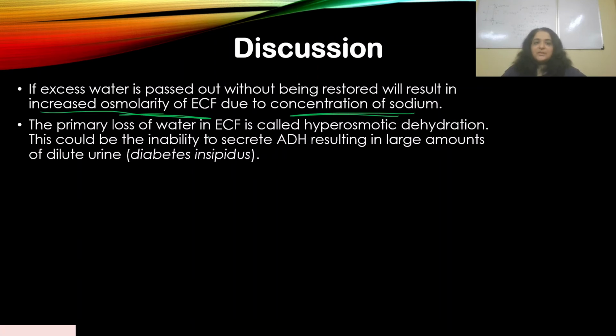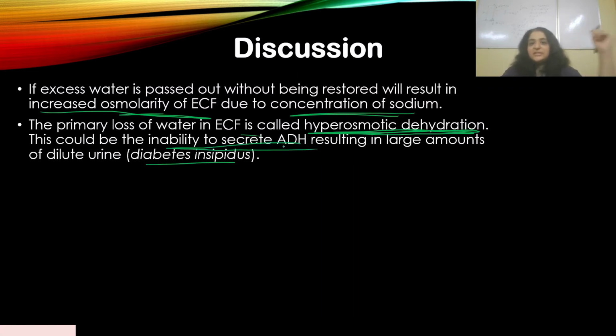So the primary loss of water in ECF is called hyperosmotic dehydration. This also happens in diabetes insipidus, when there is inability to secrete ADH.